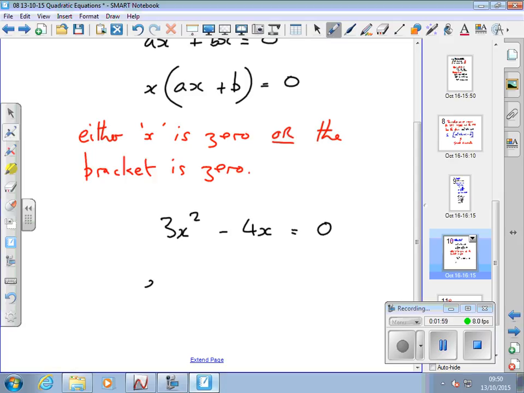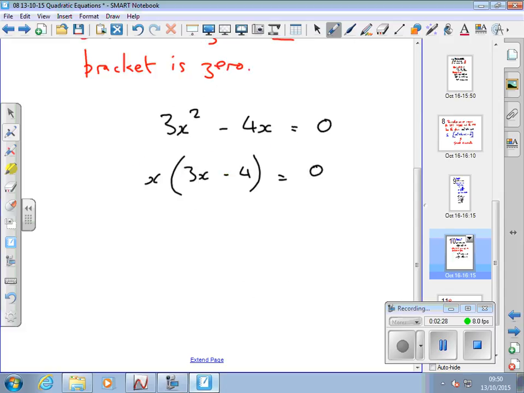That means that x into what's left inside the bracket equals 0. And then you've got a situation where either x equals 0 or the bracket is 0. So we carry on. Left with 3x minus 4 equals 0. Multiply that back out to check you've done it right, and you see where that comes from.